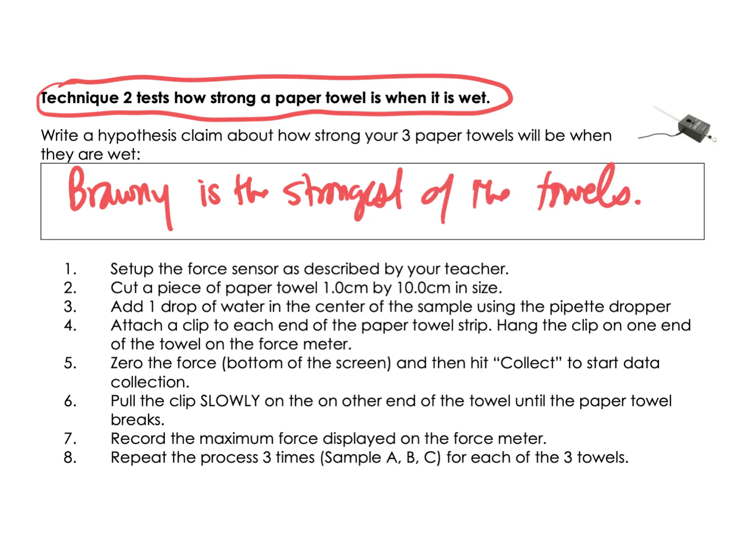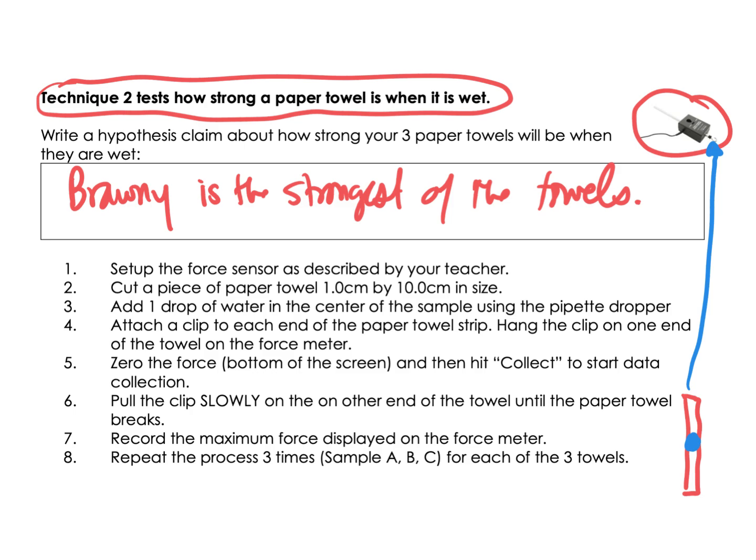Okay, so what we did here is we set up a force sensor. It looks like this, and we cut a paper towel. This time they were a little thinner, so 1 centimeter by 10 centimeters. We put a drop of water in the middle of the paper towel, and then we attached it onto that clip that was right there.